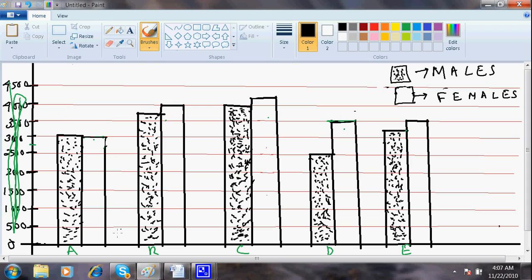For that, I'll just see how many bars are there. 1, 2, 3, 4, 5, and 6. So on this also I'm making a line like this. While I'm making a line like this, I take only these portions of these bars.